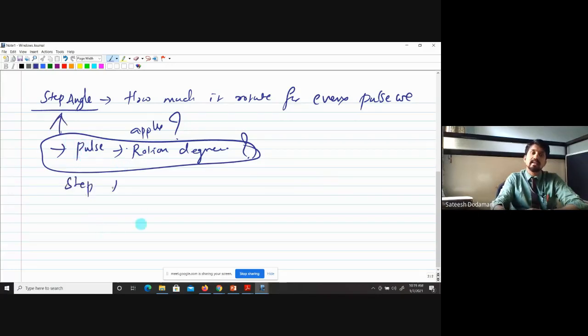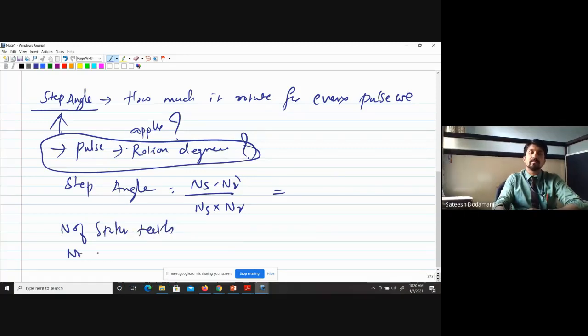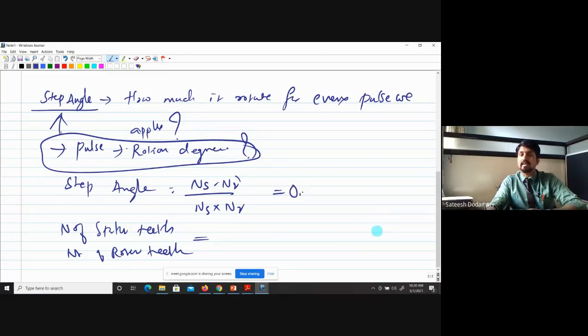And the step angle can be calculated as (Ns − Nr) divided by (Ns × Nr), where Ns is the number of stator teeth and Nr is the number of rotor teeth. Based on this, you can determine the step angle. The least step angle we get is 0.72 degree, and the maximum is 90 degree.